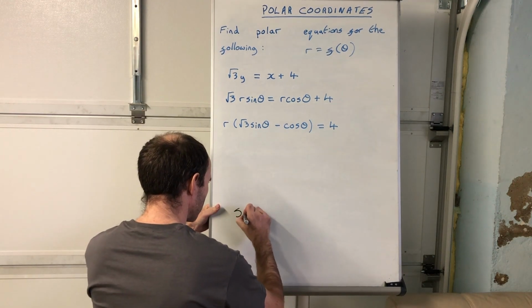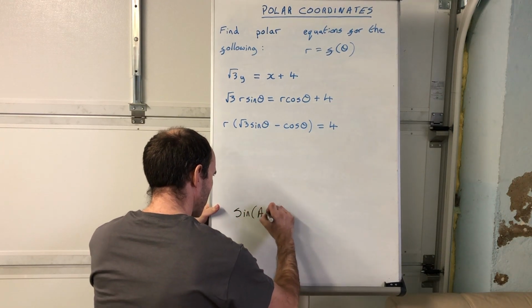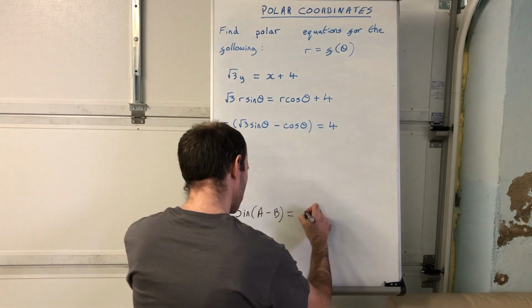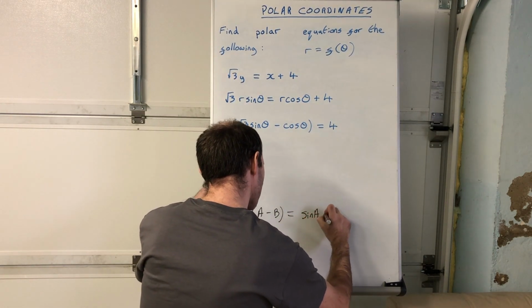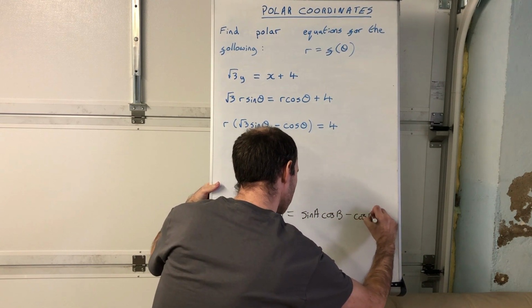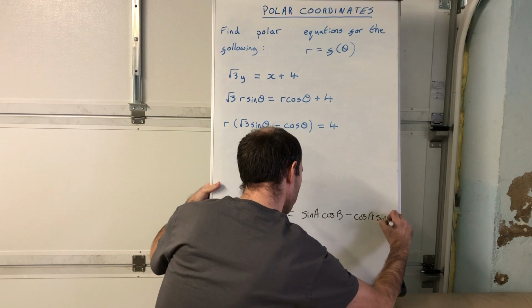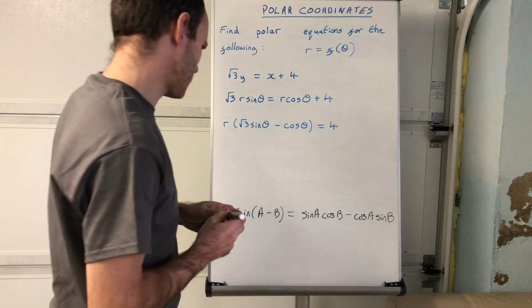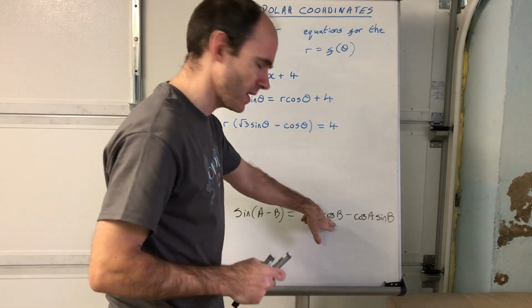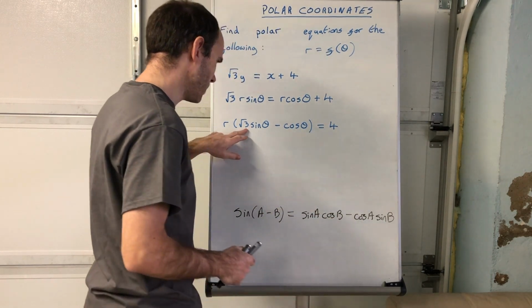It's looking like it's one of these, isn't it? It's looking like it's a sine A minus B identity. Do you remember what that one is? So sine A cos B, subtract cos A sine B. Okay, it's looking like one of those. Okay, only obviously when we do the sine or cosine of an angle, we're not going to get root 3, are we?